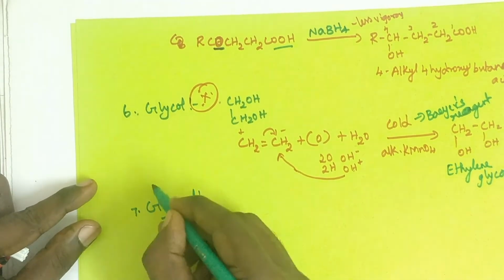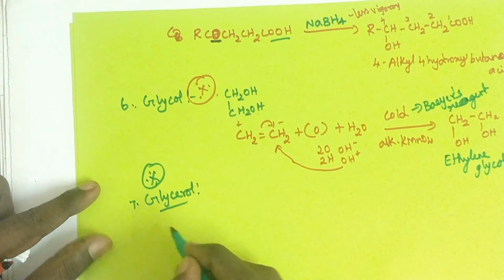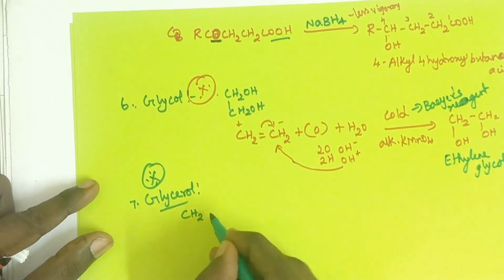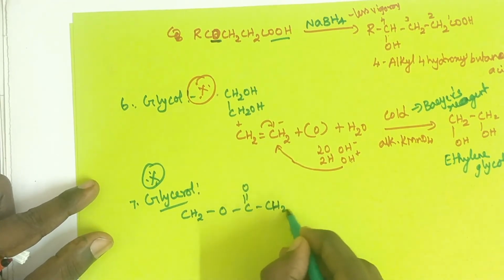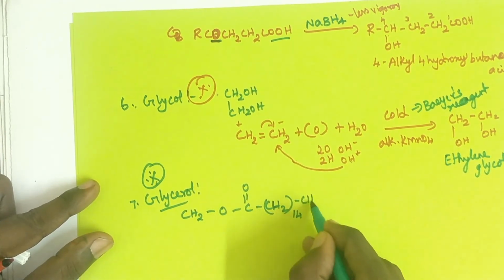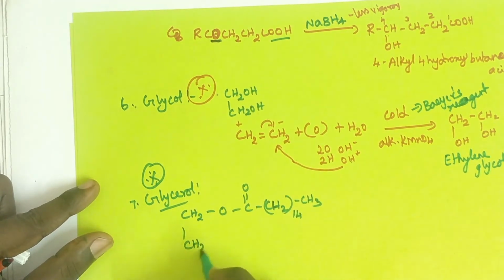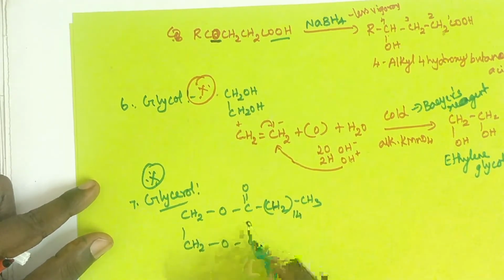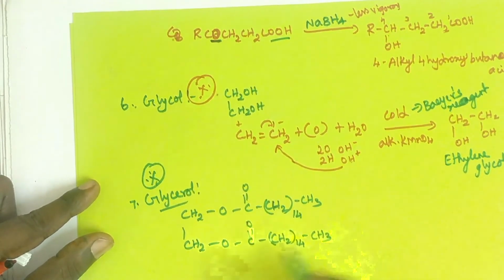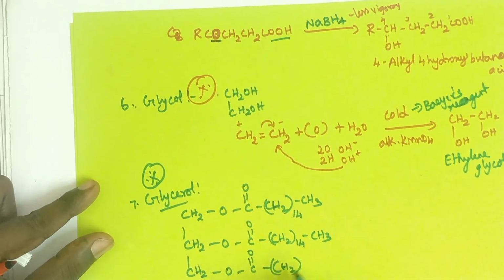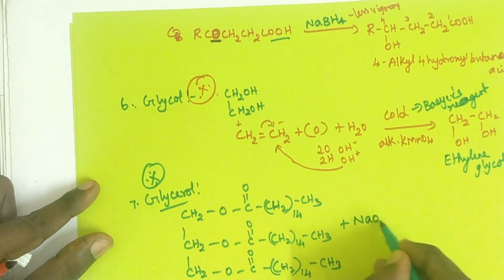This is also an important topic. So glycerol is prepared from CH2O, C double bond O, CH2, 14 CH3, CH2O, C double bond O, CH2, 14 CH3, CH2O, C double bond O, CH2, 14 CH3, reacting with NaOH.